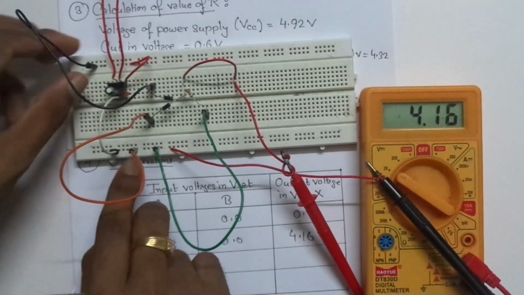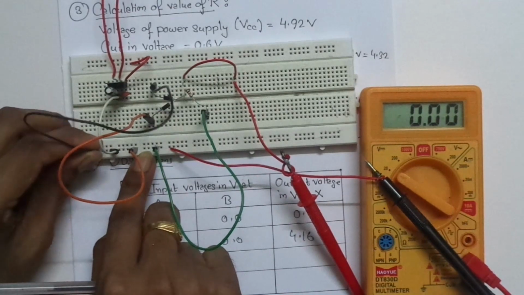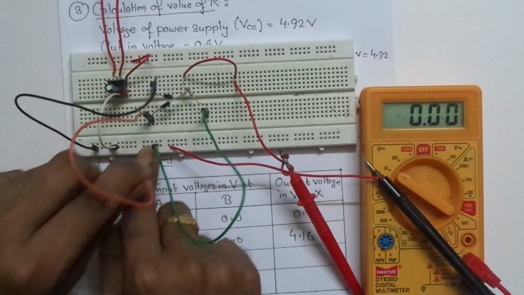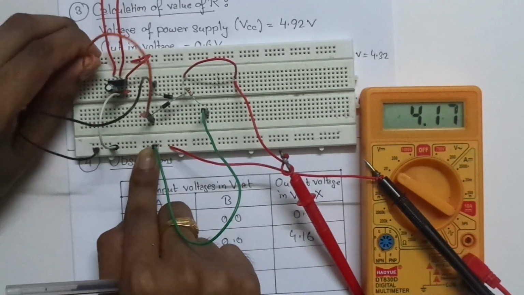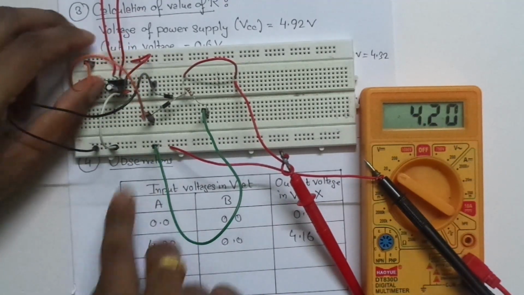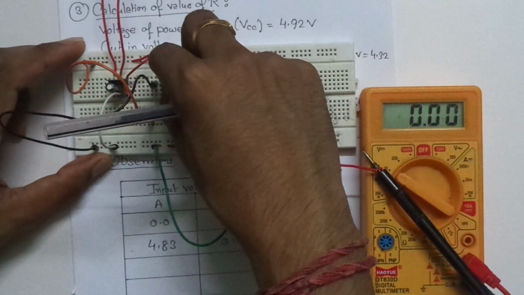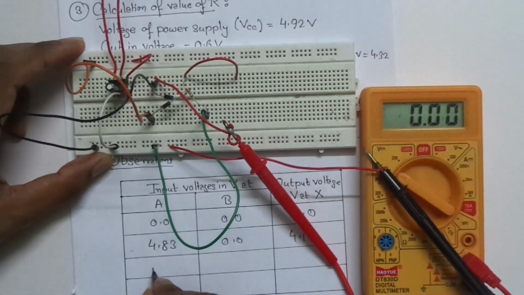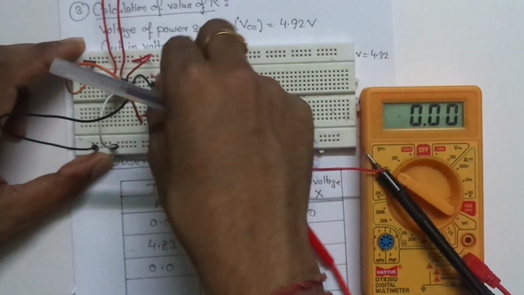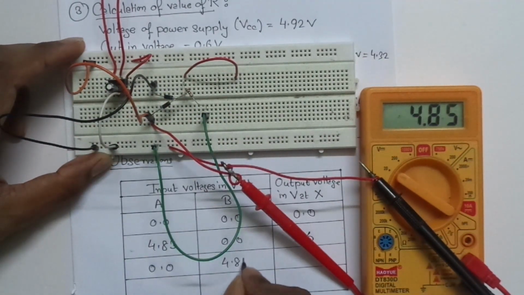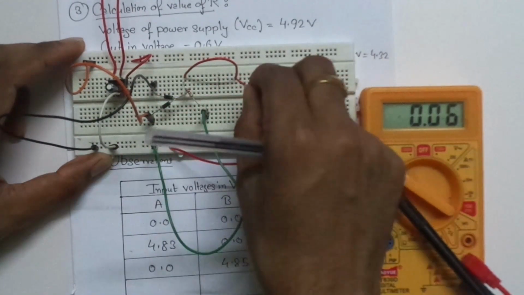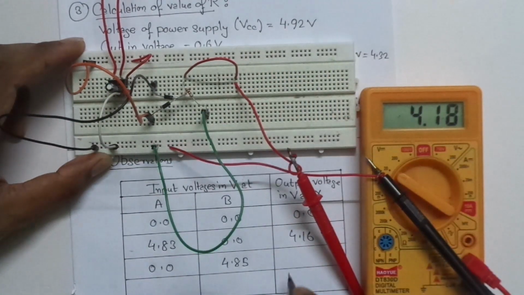Again, if we put the A terminal at the ground and the B terminal to the VCC, then we see the input voltage at A terminal is 0 volt, the input voltage at B terminal is 4.85 and the output voltage is 4.18.